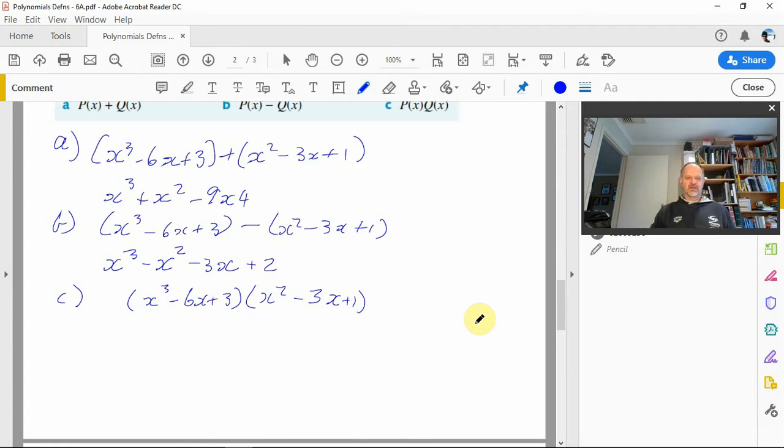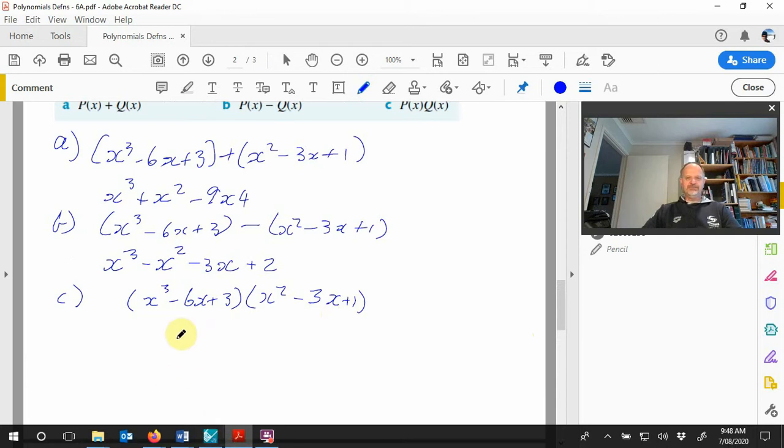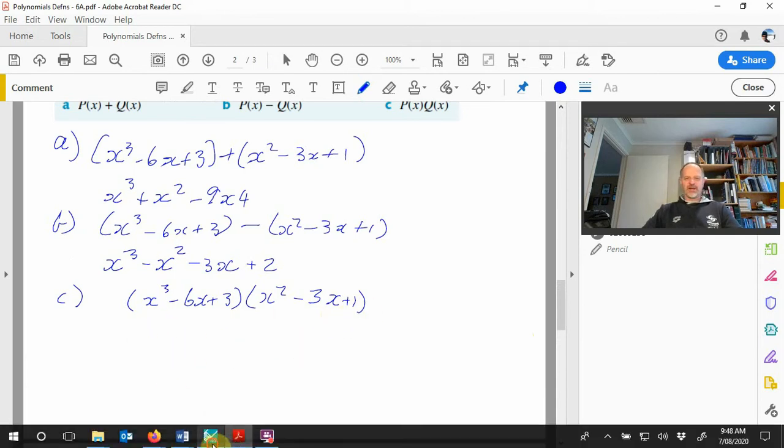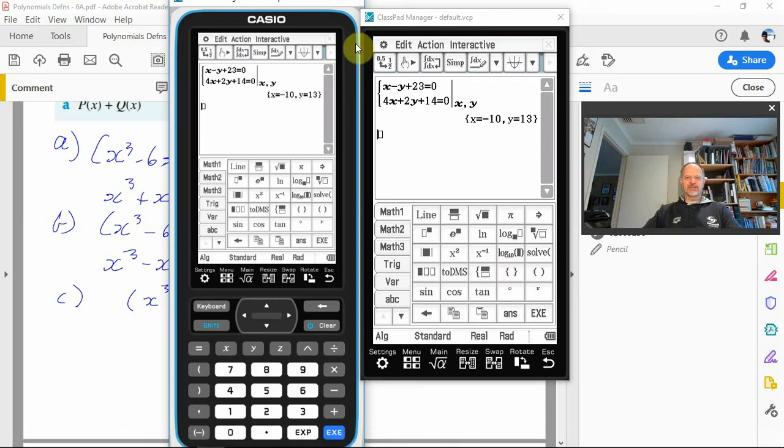What I'm going to do is show you how we can do that on the calculator rather than by hand. It's just time consuming by hand. Would they ask you something expanding like this? I mean, they could technically ask it.